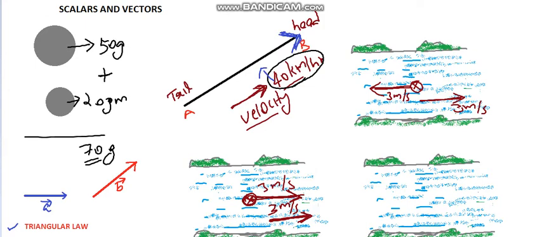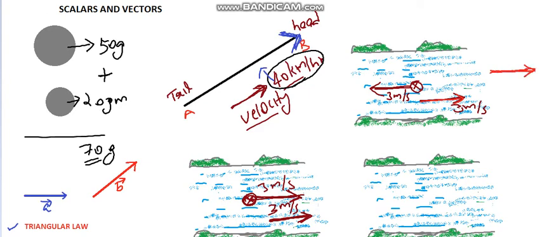Now what will happen by using vector addition? Suppose we consider the triangular law of vector addition. Suppose this is in red color. We have this vector with 3 meter per second of magnitude in this direction.